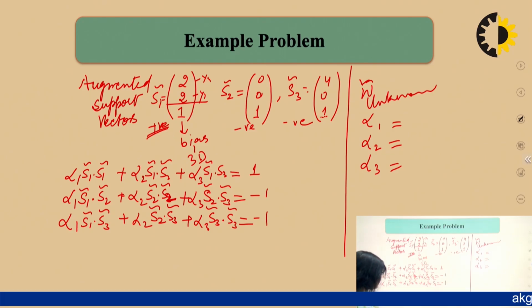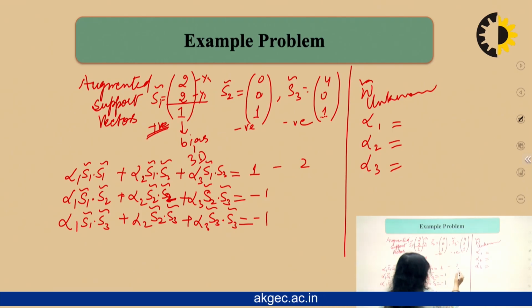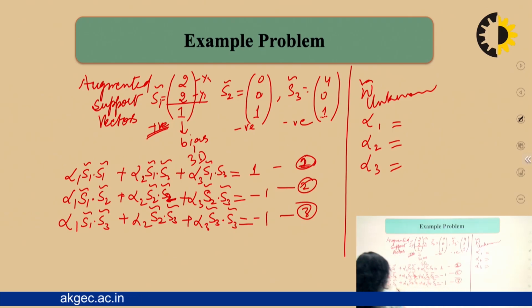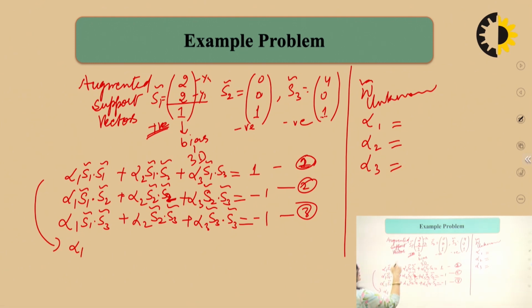Now, we have to simply solve these equations. We will keep the values of S1, S2 and S3 in these three equations. This is equation 1, equation 2, this is equation 3. For the first one, you will write alpha 1, S1 is 2 to 1, so you find the dot product 2 to 1 with 2 to 1.